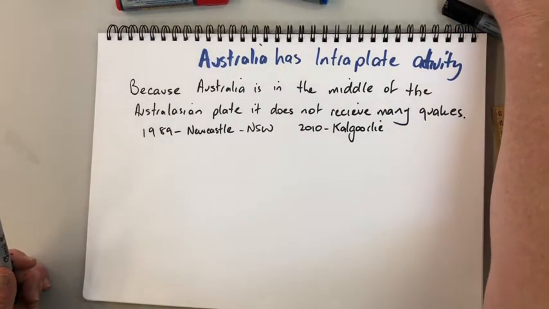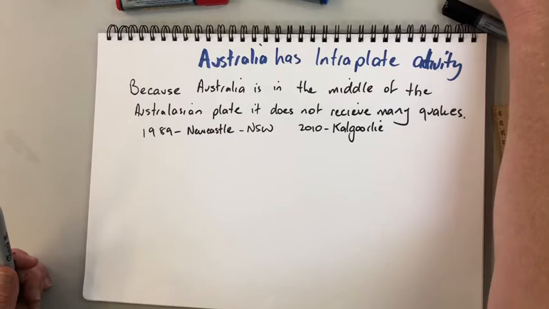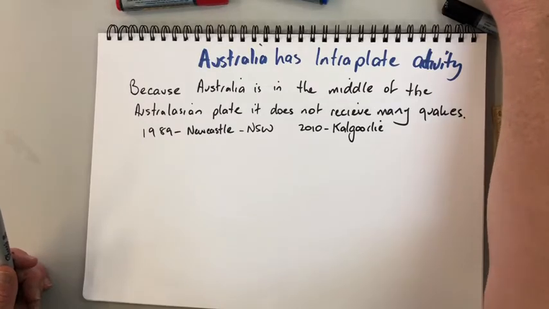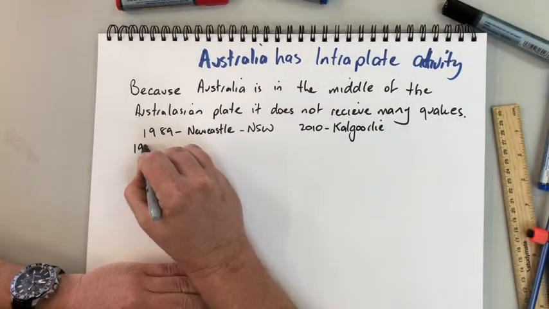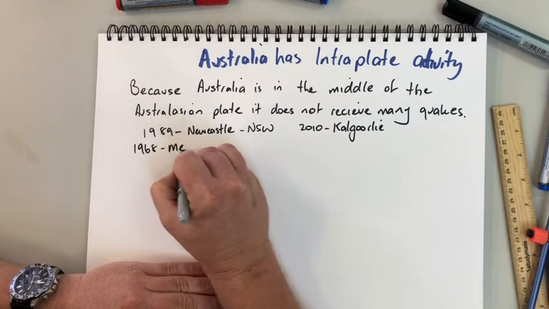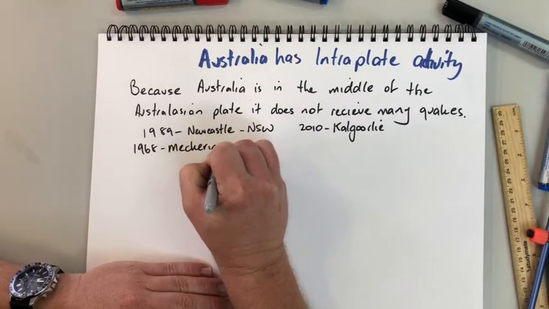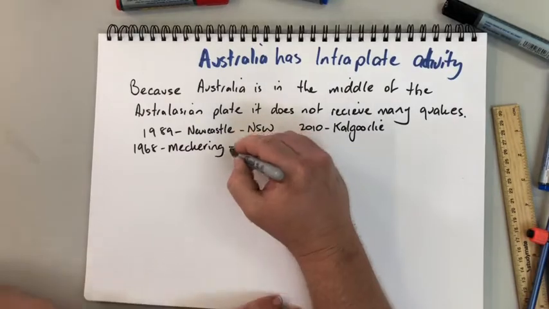And the Meckering earthquake occurred, I think it was 1968. The Meckering, of course, is in WA.